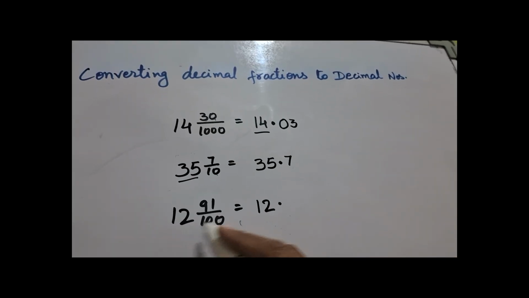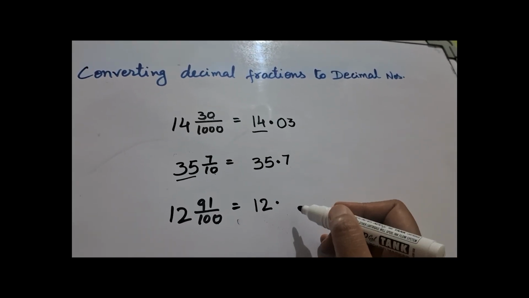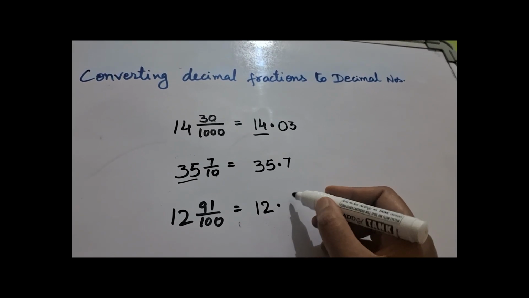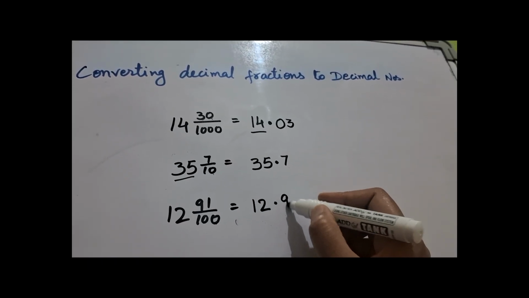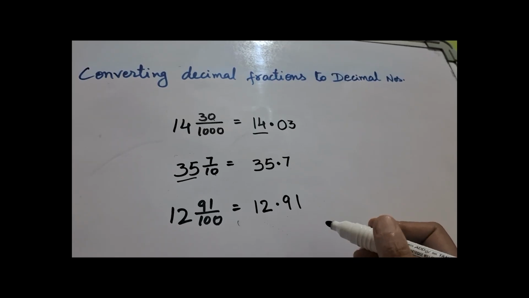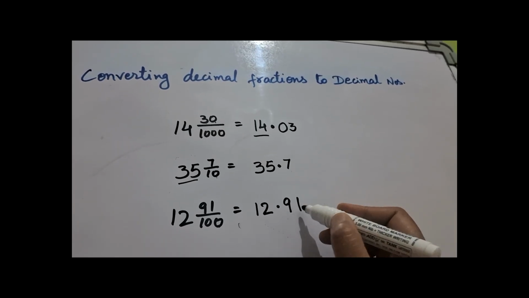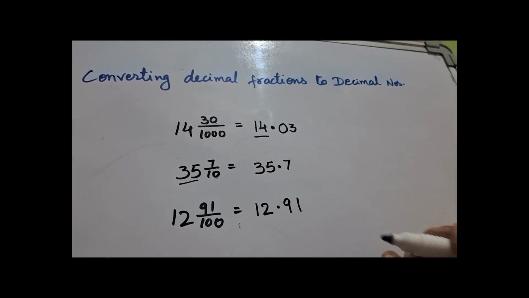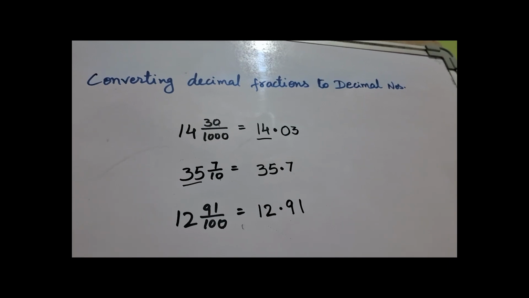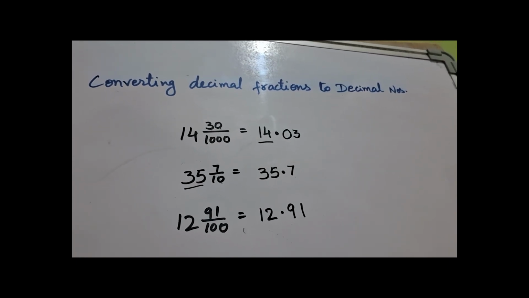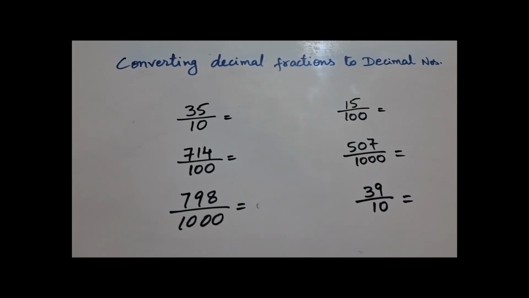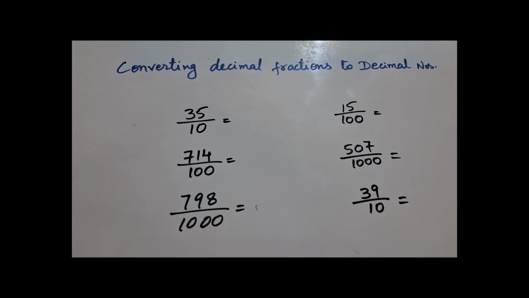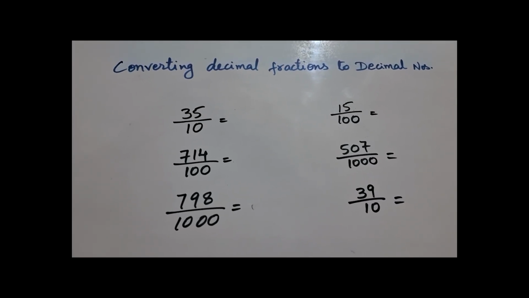Okay, 12 whole parts. So I am writing 12 in the whole part, and the decimal, that is 91 out of 100 parts. That means 9 1. Okay, 9 is in the tenths place and 1 is in the hundredths place. In this way we convert decimal fractions to decimal numbers, children. Let us convert some more fractions to decimal numbers, children.